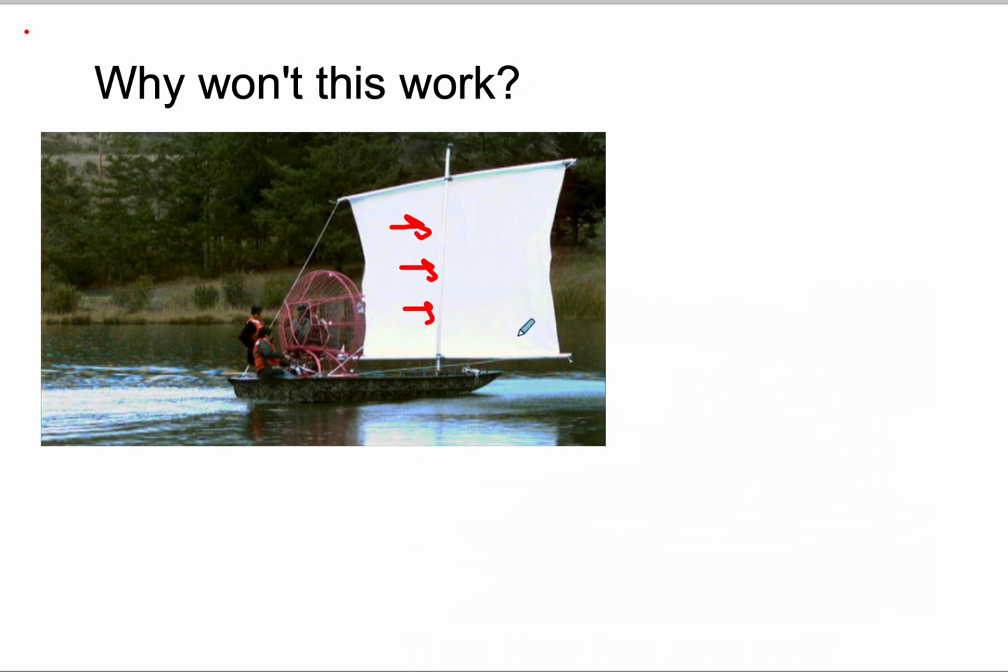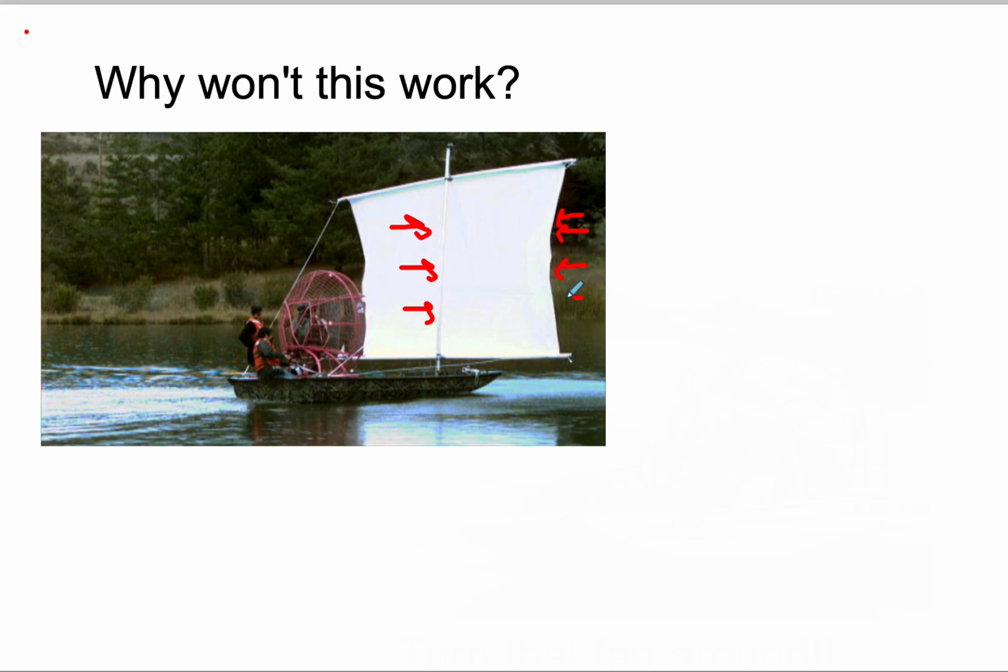Now, usually what happens is that this sail is going to pull this boat forward. But the problem is this, right here in this fan. Because this is all internal, all of these forces are acting on the same object.